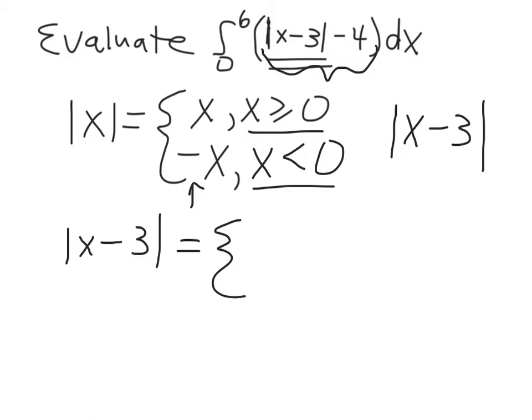When x is equal to 3, we get 0 on the inside. And then anything greater than 3, we could say if x is greater than or equal to 3, our output will be x minus 3.